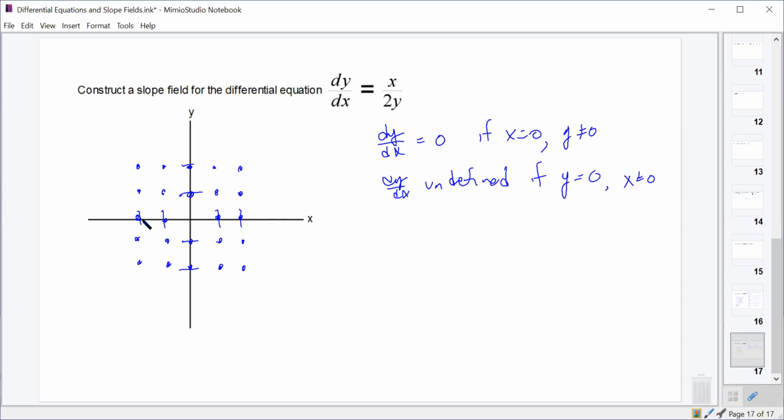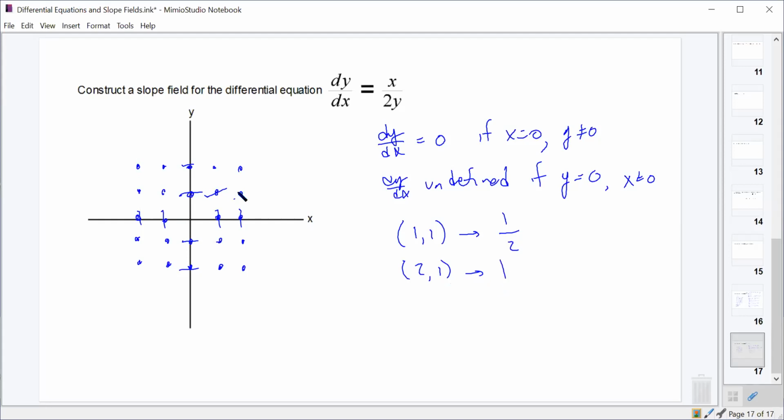Good. Cool. All right. Then we'll just choose some values like 1, 1. Plug in 1, 1. What do you get? One half. So draw a slope of a half. Plug in 2, 1. What do you get? 1.